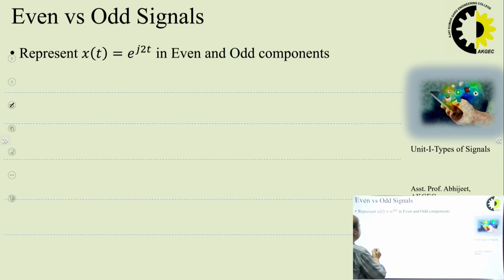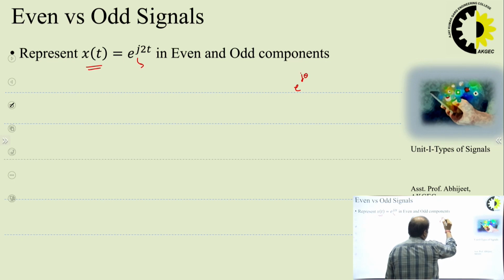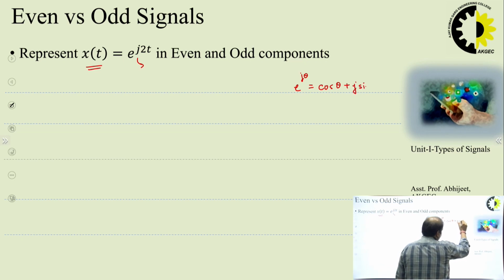Now this signal is of course continuous in time, and due to the presence of this j component, the signal is complex. So the signal is a complex exponential. The definition for complex exponential by Euler's theorem is that e raised to the power j theta is cos theta plus j sin theta.